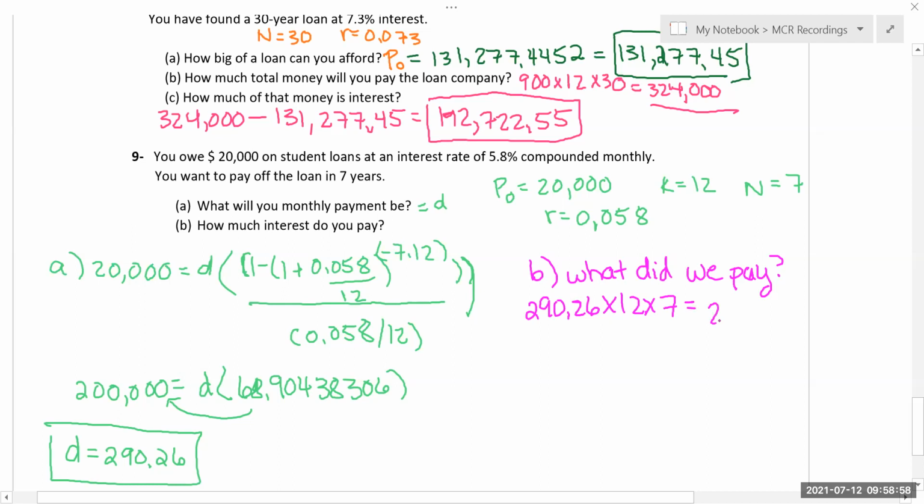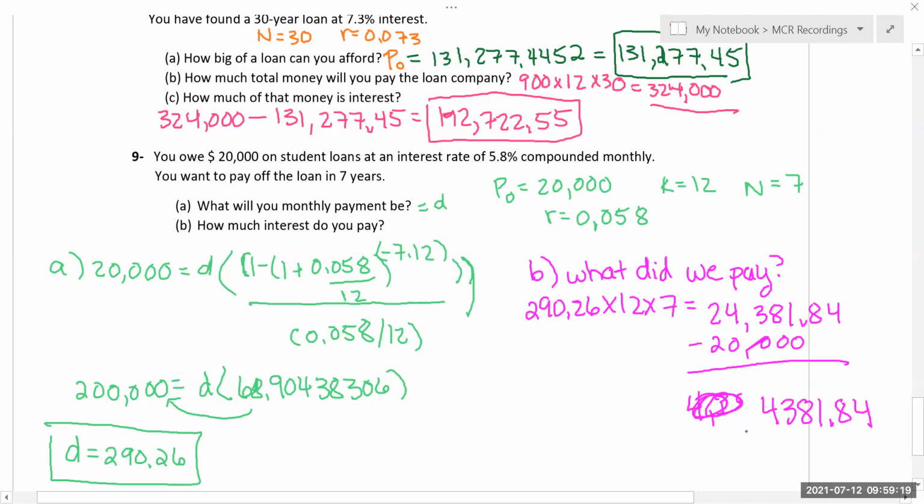So we paid a total of $24,381.84. You took out a loan of $20,000. So when you subtract that, it gives you 4,300. Oops, let me write that nicer. $381.84. And that's a quick overview of payout annuities and loans.